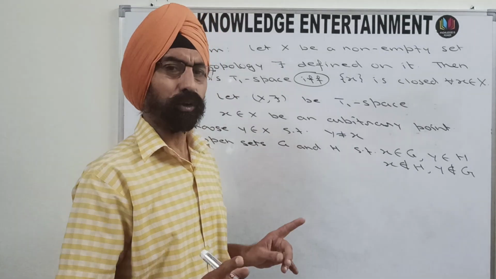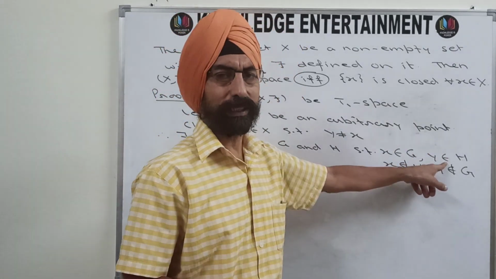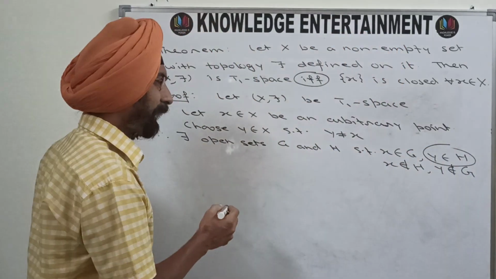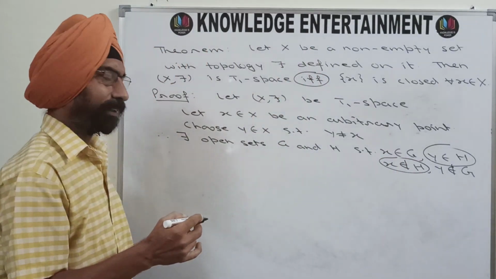I need one of them, not both. So what I need is y belonging to H. This. I just need this, that y belongs to H and x does not belong to H.